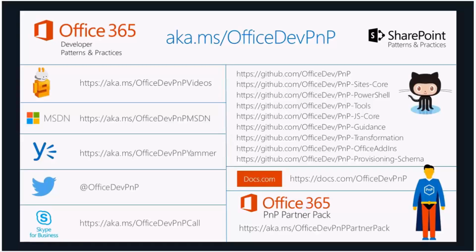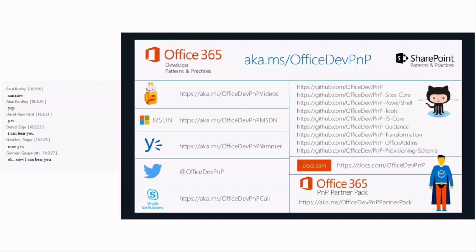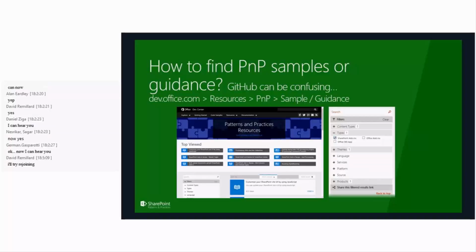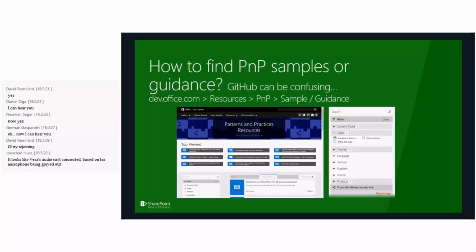And then the PnP Partner Pack is one of the showcase applications showing how to build typical SharePoint customizations within Office 365. That's evolving in the future as well. One thing that we always want to remind people of is how to find the guidance and the PnP samples, because there are so many links and resources available.